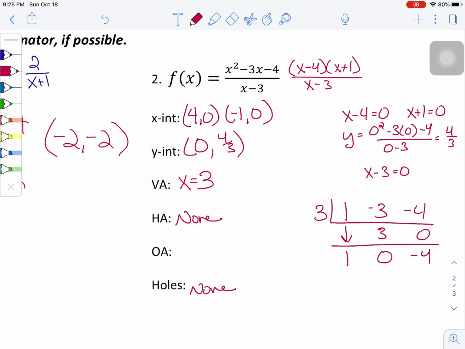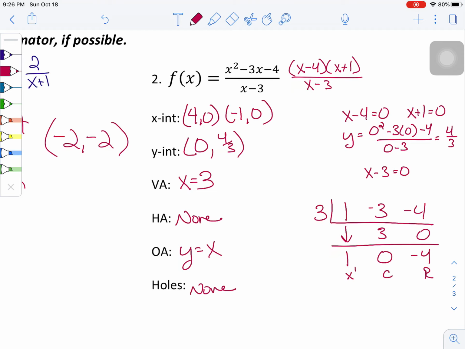All right, so this tells me, remember this last term on the right is your remainder, the constant, and then this is going to be x to the first. So if I translate this into something that's actually usable other than 1, 0, and negative 4, our oblique asymptote is going to be y is equal to x. Let's run 1x. And then 0 is the constant, so plus 0, well, I don't need to write that. And the remainder never matters when we're dealing with the oblique asymptotes or any other asymptotes.